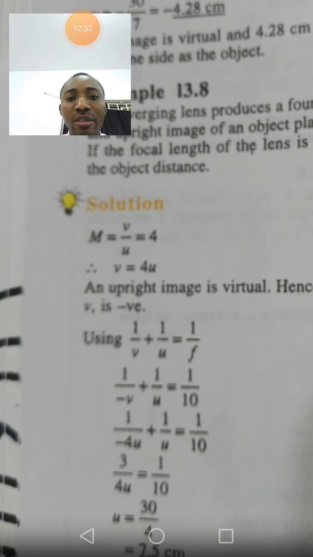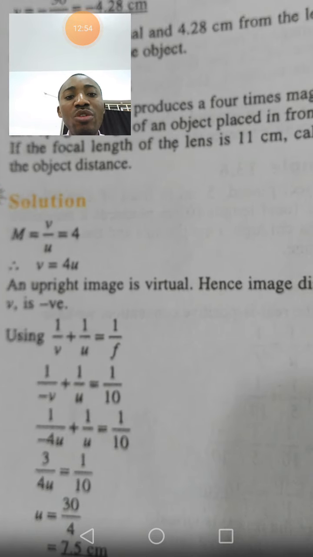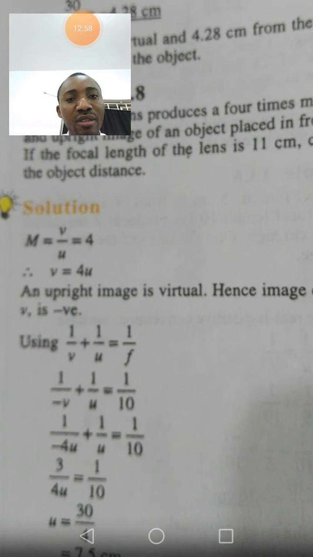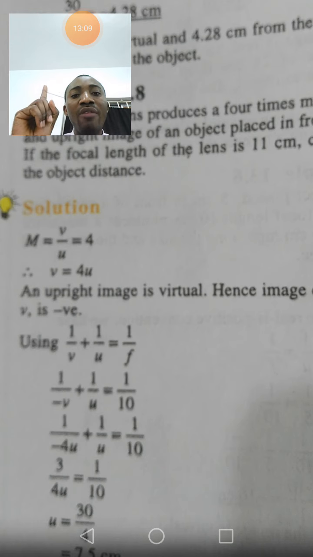Since we were told that it's an upright image, from the diagram I showed you earlier, you discover that for a convex lens, the only case where we have an upright image is when the image is a virtual one.